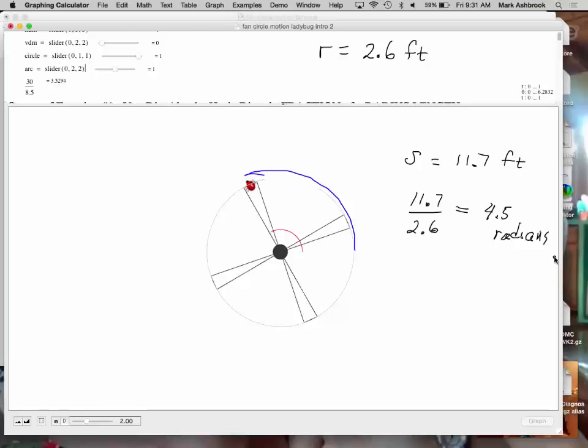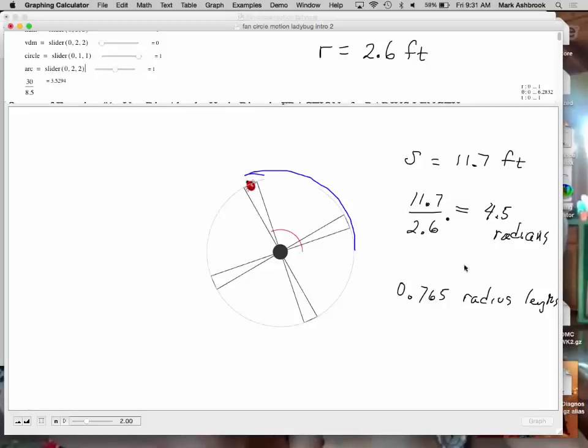Okay, so let's go down to number 7. If the bug goes 0.765 radians, that's the same as 0.765 what? That's the way we want to think about this. An openness of 0.765 radians means an arc length of 0.765 radius lengths. So how many feet did he go?